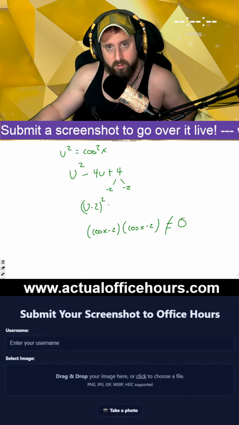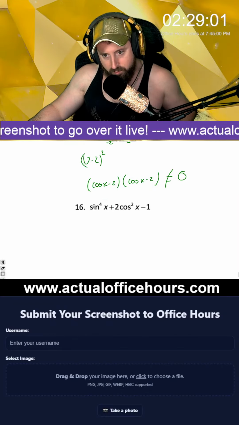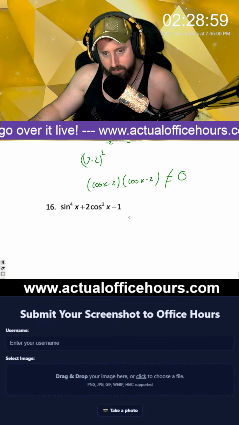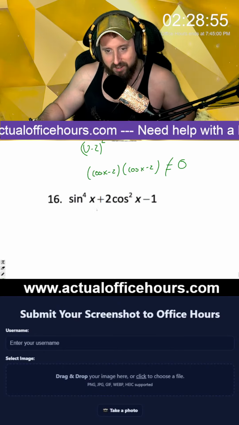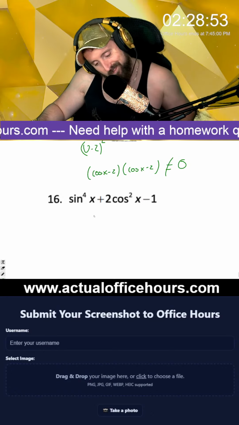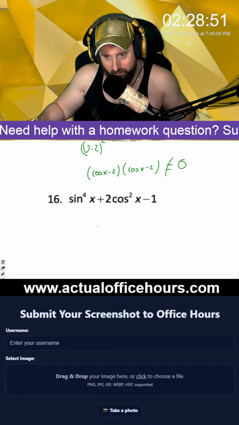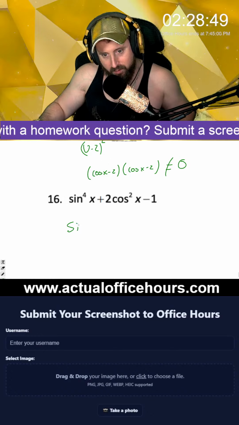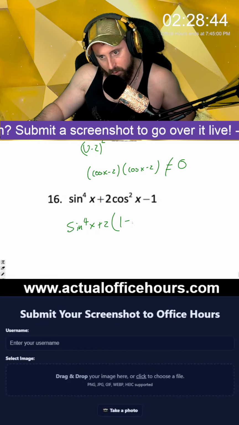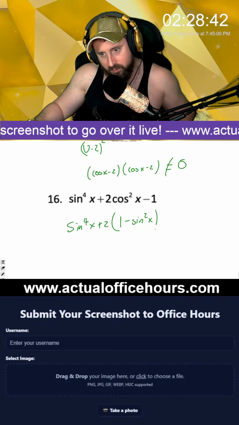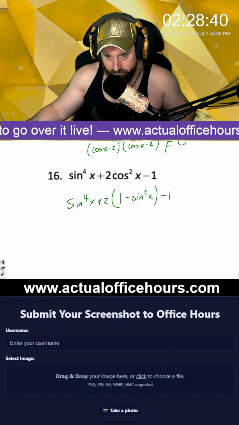All right, so this one is a double U sub. It's actually kind of fun. I think I can write cosine squared as 1 minus sine squared, right? So sine to the 4th x plus 2 times 1 minus sine squared x minus 1.